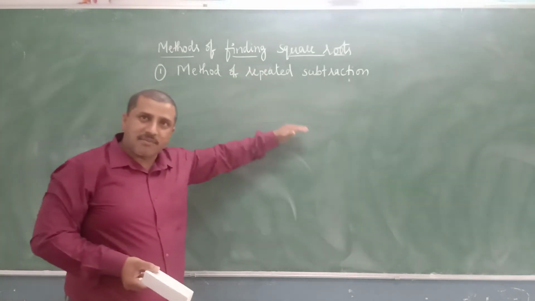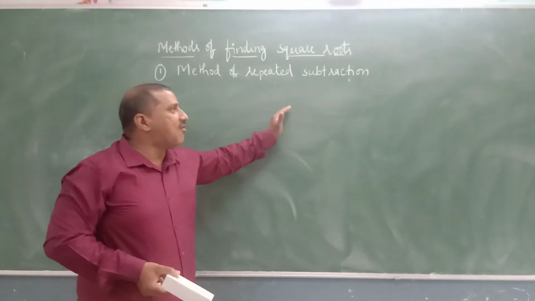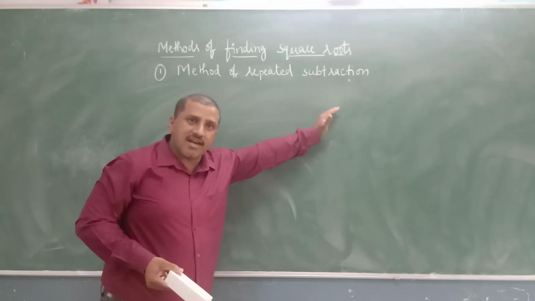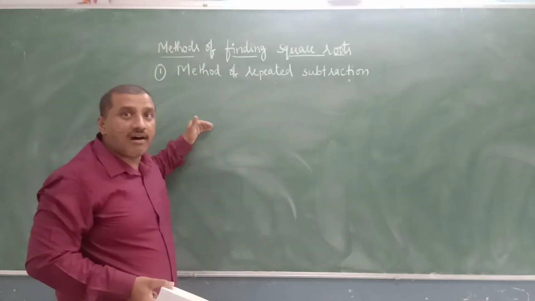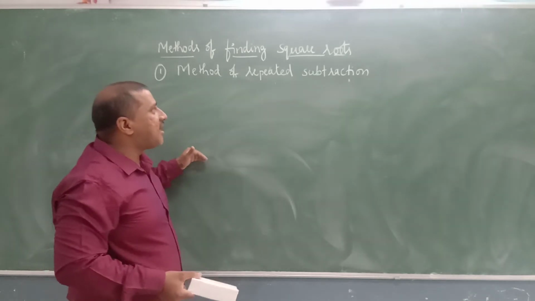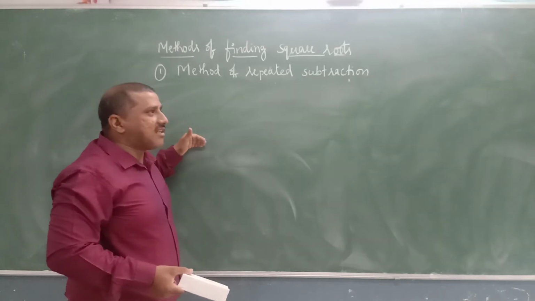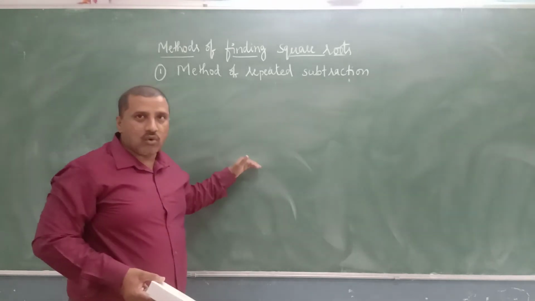It is subtraction. There we added the odd numbers from 1 and got perfect square numbers. Now in this method we will subtract the odd numbers from the given number. If the last difference is 0, then the count of those numbers gives the square root.